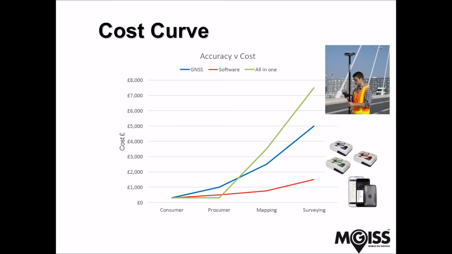If you're then looking at an all-in-one system such as the iGPS or Trimble Geo7X, typical costs are around about the £6,000 mark. If you're then looking at a pole-mounted, dedicated GNSS system network rover, typical solution costs around about the £8,000 mark. So hopefully that gives you a flavour from a budgetary point of view where the technology is at, and also where the costs are at in terms of deploying these for a single user or multiple users in the field.